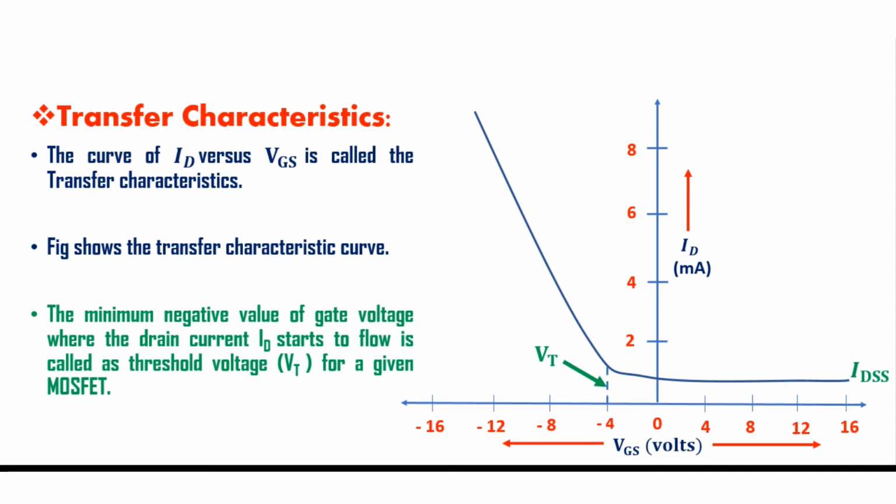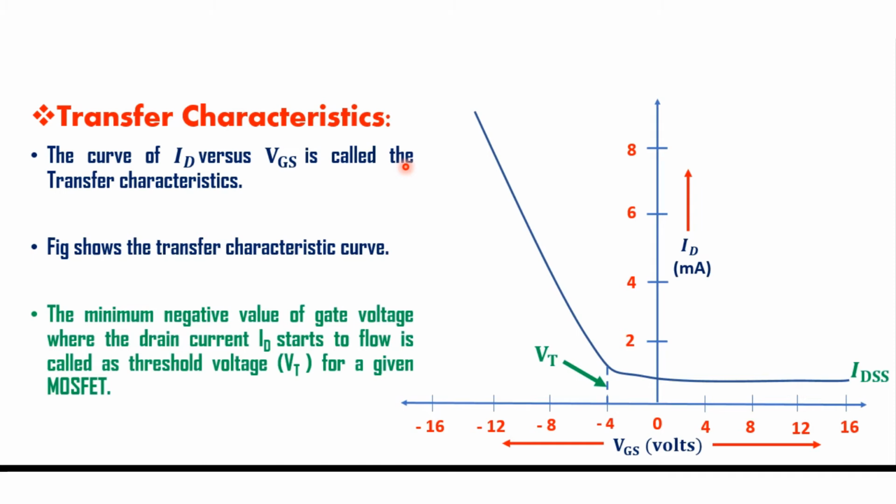Therefore, when the gate G is at a negative potential with respect to the source, the region between the drain and the source will contain a sufficient number of holes, and an electric current ID will flow between the drain and the source. Larger and larger negative gate voltage attracts more holes near the surface, and that will enhance the current between the drain and the source.